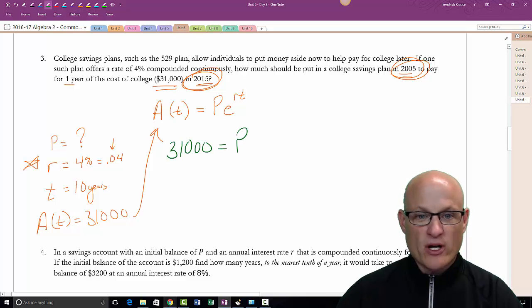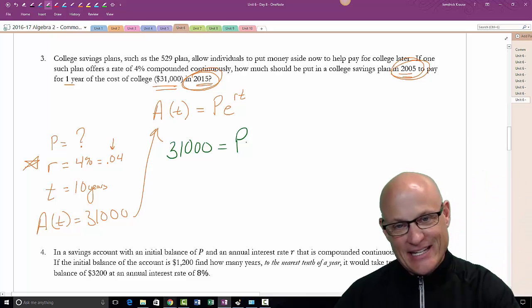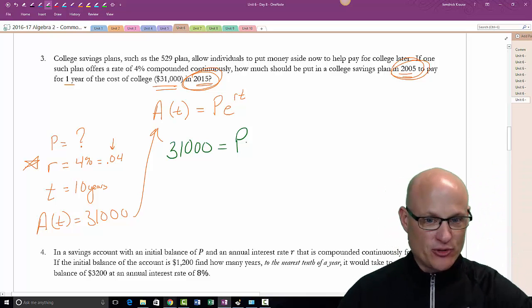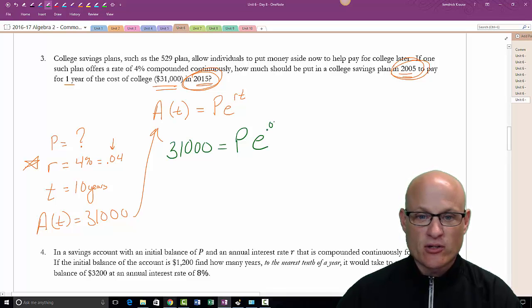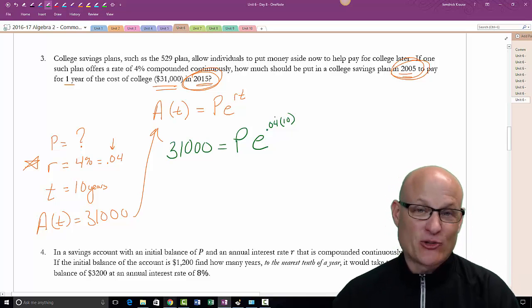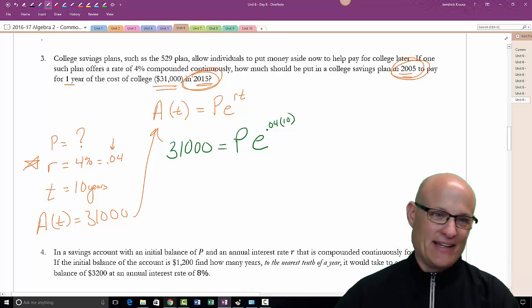equals the principal amount. What do we have to put in today to have that money in the future if I get the money compounded continuously? E to the 0.04 times, what's my t? 10. So you might think this is an exponential and you have to turn it into logarithmic.